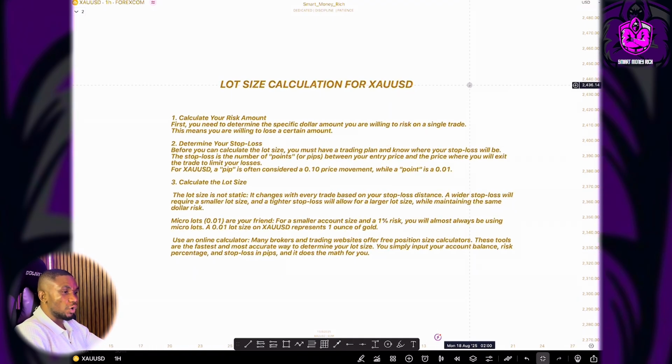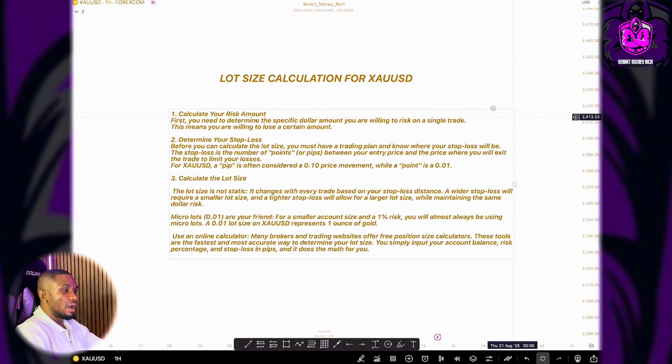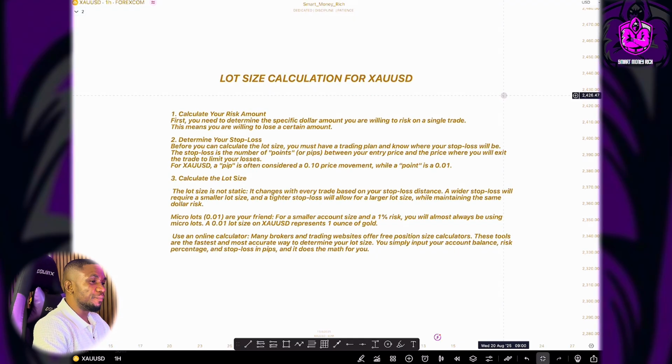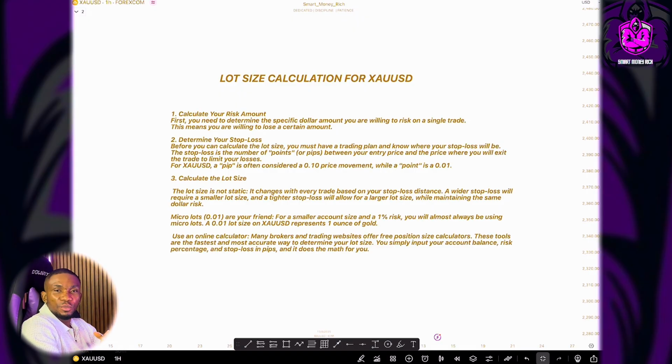This is what we will be talking about right now, how to calculate the proper lot size for gold. So this one is not too much, right? This is what I want you guys to pay attention to. These are the important factors that you need to put in place before you calculate gold lot size.